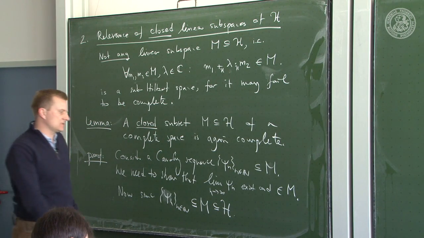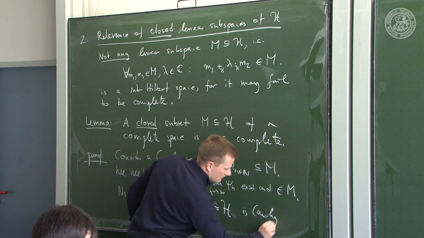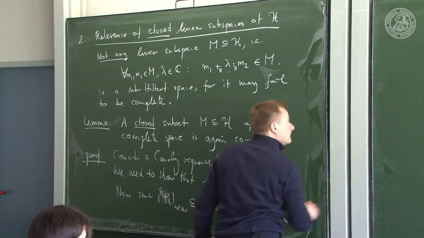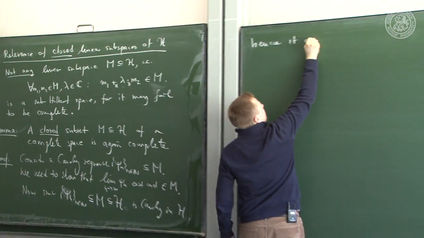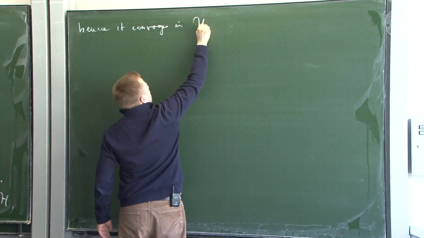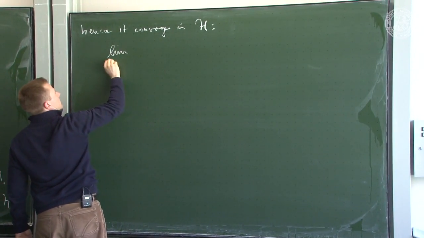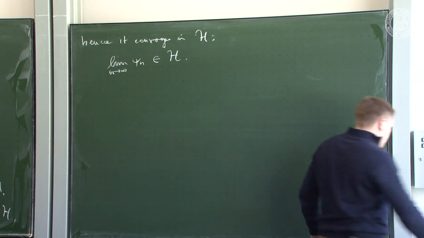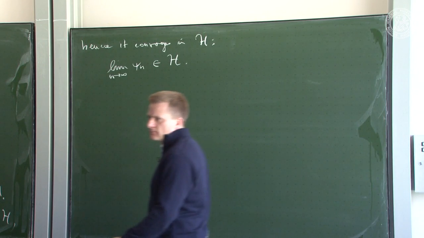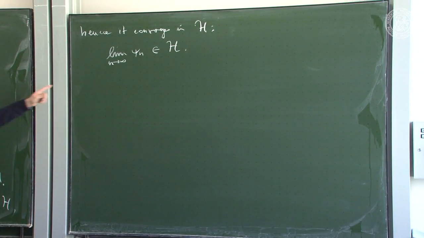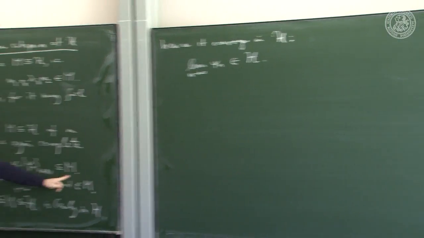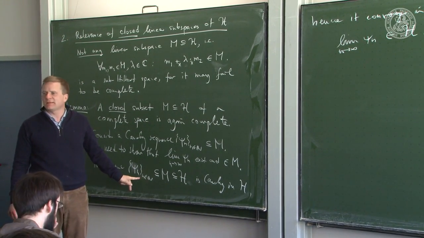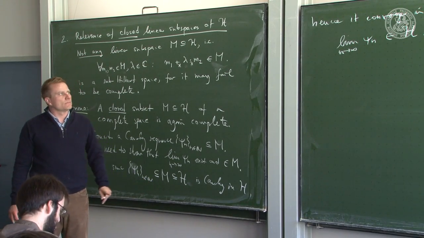So it's a Cauchy sequence in the ambient space H. Hence, it converges in H. So we know that the limit of psi n as n goes to infinity exists, but we know only that it exists in H. The question is, does it not only lie in H, but does it even lie in the subset M of H, the subset from which all its members come? Does the limit also lie in there?